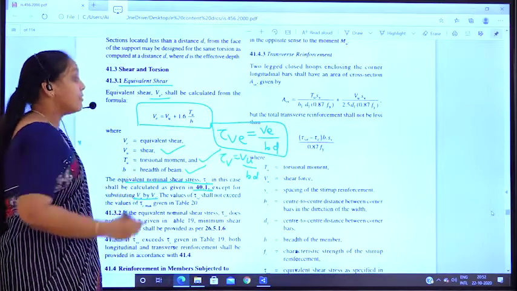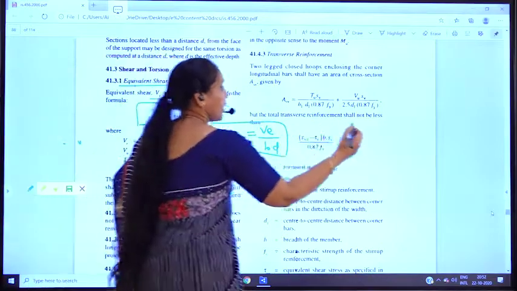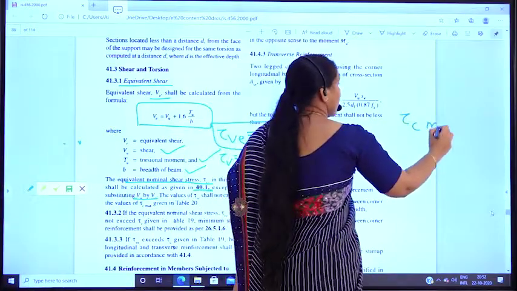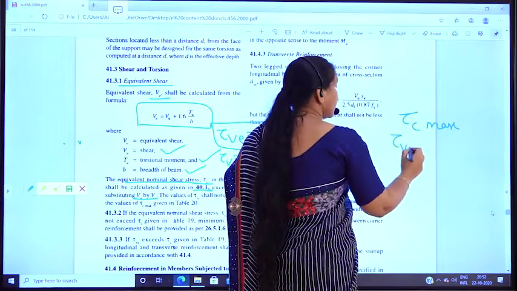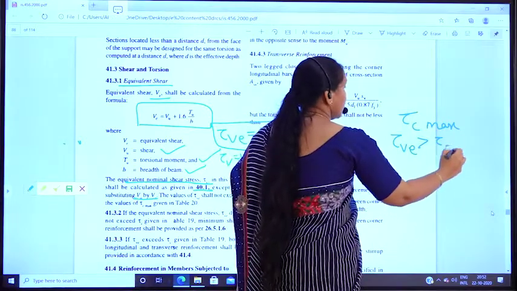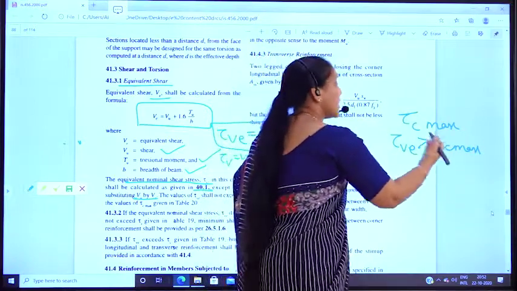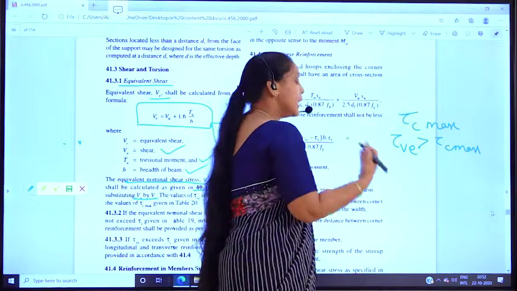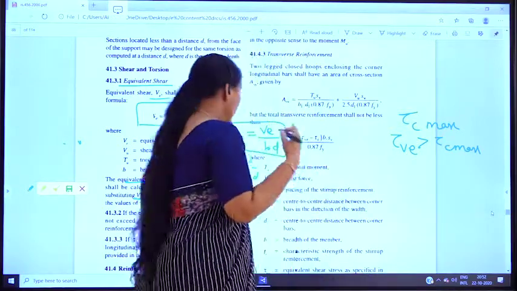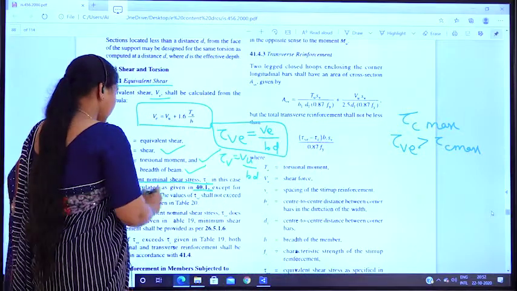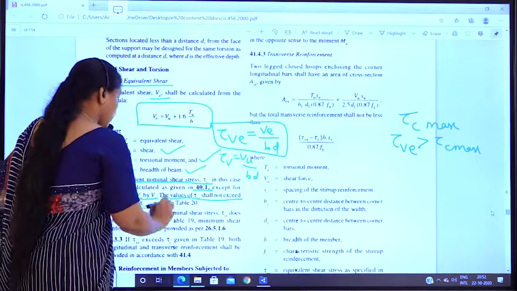After calculating tau VE, we have to calculate tau C max, and tau VE should never be greater than tau C max. If tau VE is greater than tau C max, then we have to redesign the section. So tau VE should always be less than tau C max. It is given that the value of tau VE shall not exceed the value of tau C max.